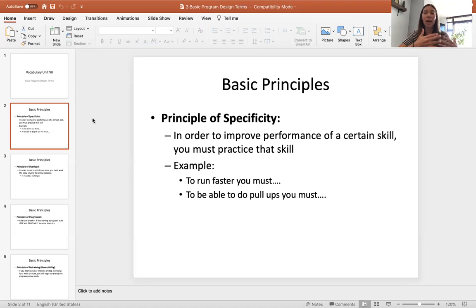If I really wanted to work on running faster, I would be doing actual running drills, whether they be working on your speed, your acceleration, those types of things, but I would also be incorporating the resistance training aspect and working the muscles that are used while I'm actually running, and working on things within that plane of motion, such as lunges, squats, everything that includes that motion while you are running. So that is the principle of specificity. In order to improve performance of a certain skill, you must actually practice that specific skill.